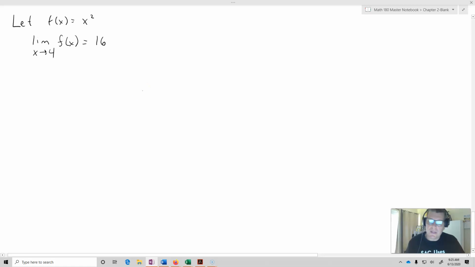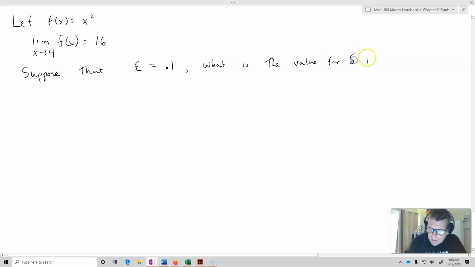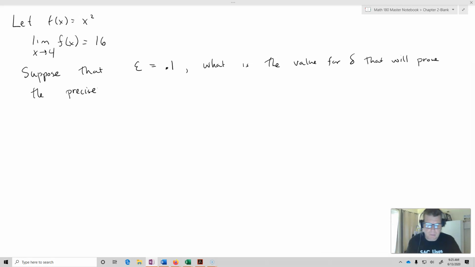What we're going to do is say, suppose that epsilon equals 0.1. What is the value for delta that will prove the precise definition of the limit? That will allow us to say that the precise definition of the limit gives us a true statement, that this is in fact the limit.